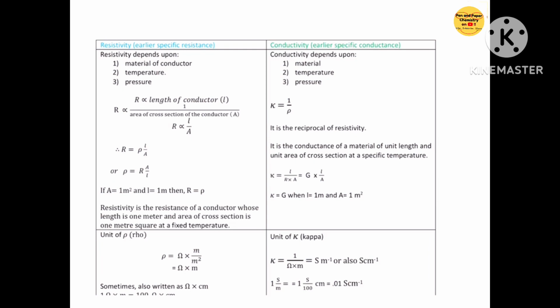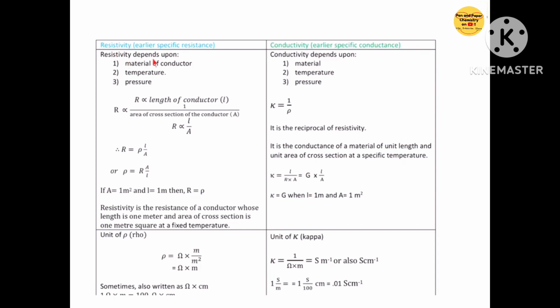Now, if you notice over here, what are the factors which affect the resistivity or conductivity of a material? We have the material. Obviously, each material has a fixed value for resistivity depending upon the temperature and the pressure conditions.